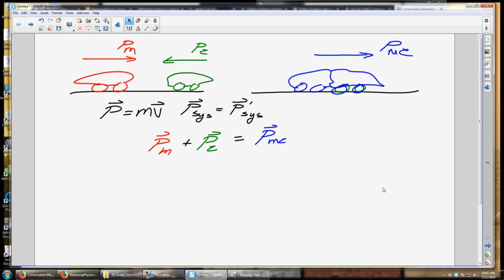But I need to take into account that the momentum of the car is negative, because I'm defining to the right as positive. So when I put this in, I'm going to put negative whatever value that is. And so I just have a positive value there, and I'm going to expect and get a positive value out.